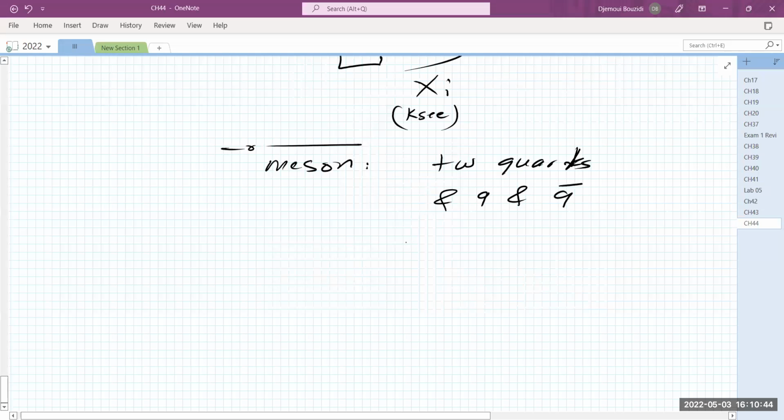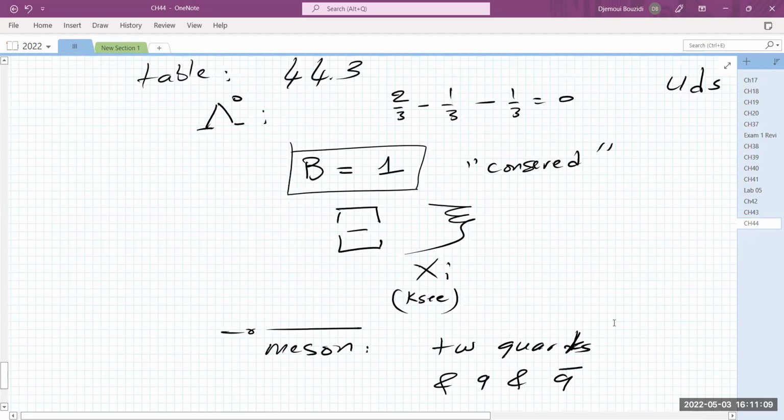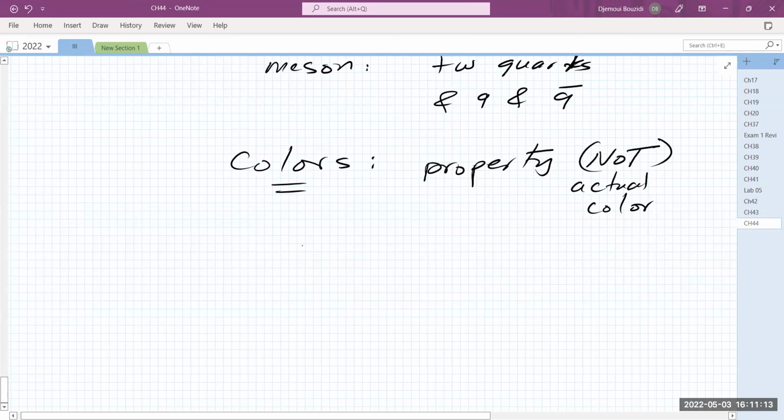You do calculations based on this model. There is one thing I need to mention, and that is the colors. That's a property, and it's just called color, not to be confused with actual color. Because we want to understand the interaction of these colors, we came up with something called QCD, quantum chromodynamics.